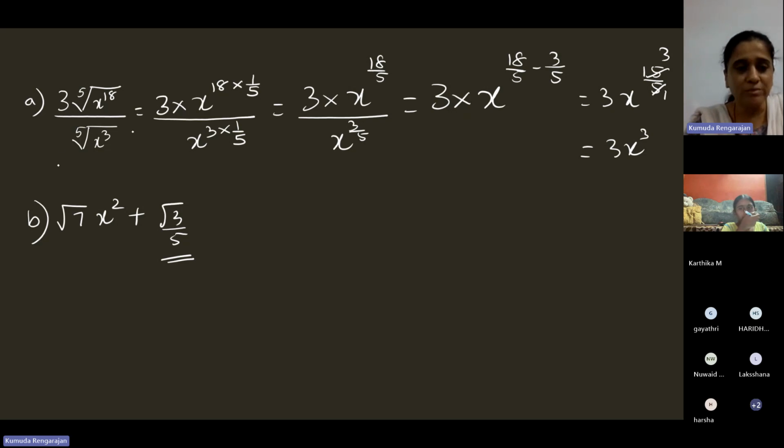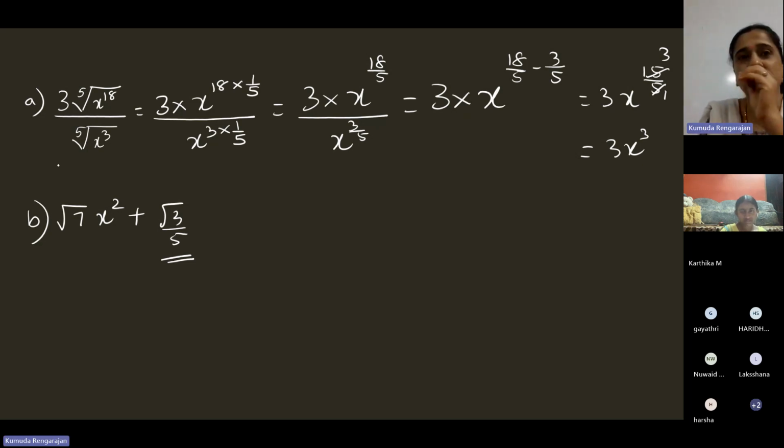How do we decide if it's a polynomial? We need to check the power of the variable or variables involved. Here the variable x is under the radical sign, so we are not able to understand the power of the variable x, whether it is a whole number or not. So we have to simplify.